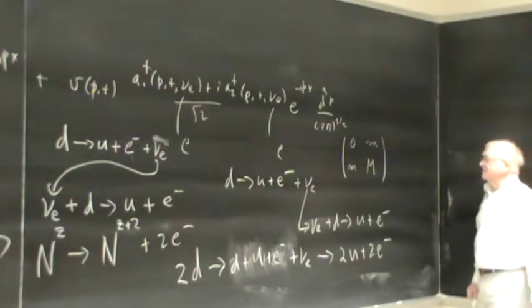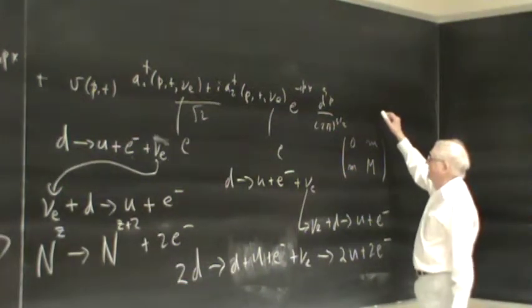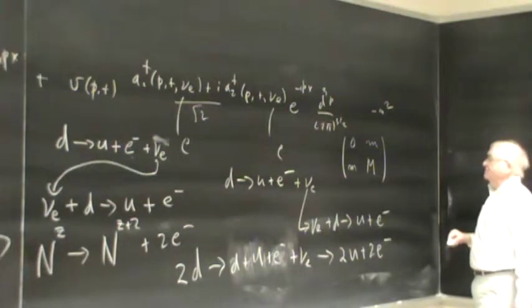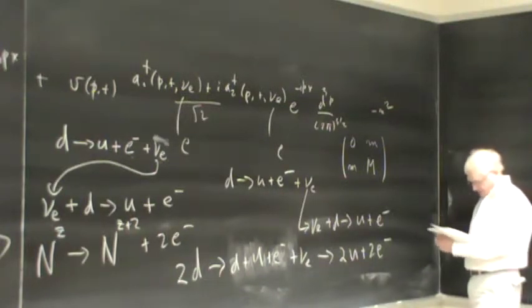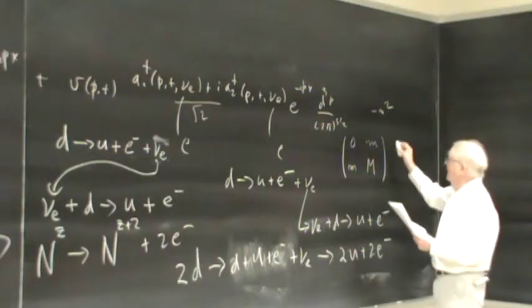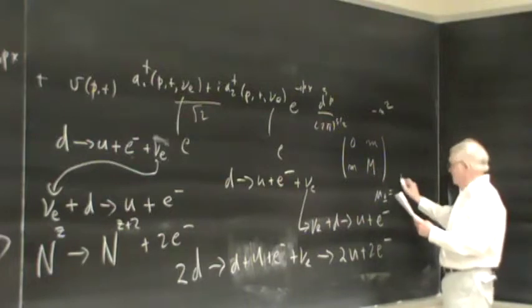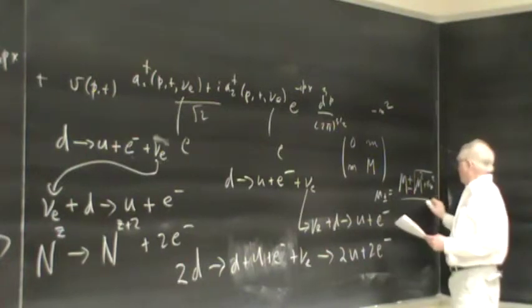And you can see, if you diagonalize that, the product of the eigenvalues is minus m squared. The actual eigenvalues are big M plus or minus the square root of big M squared plus 4 little m squared, over 2.